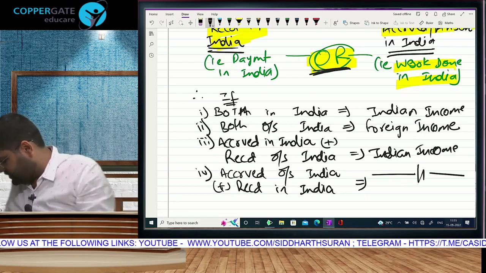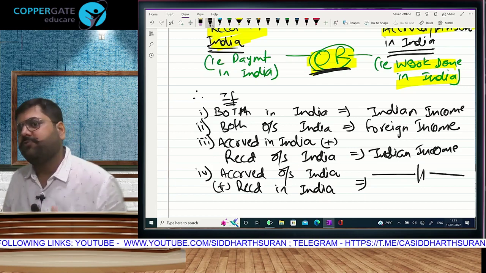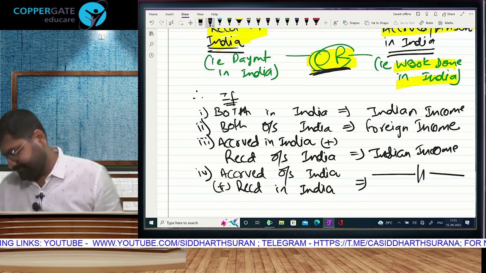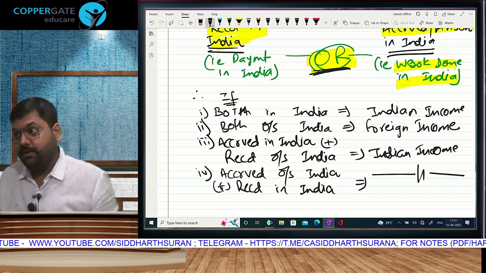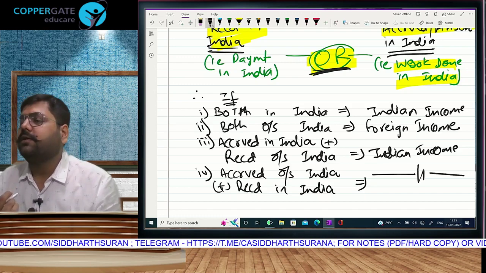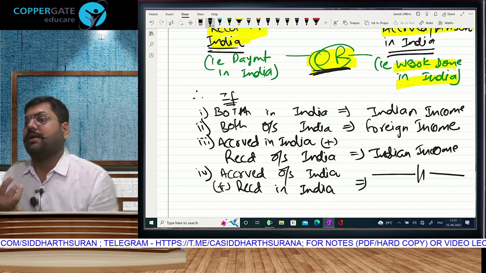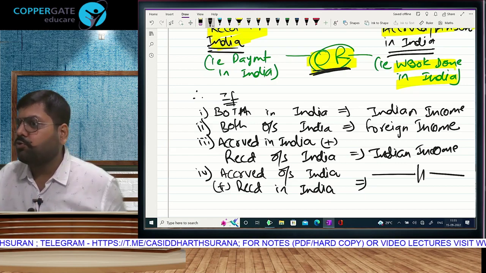So, very easy thing to learn and understand. Income earning is a process of two steps. That is, working and getting paid. Earning nahi, together it is earning. When we work, we call it income accruing, arising. Accrual ka matlab hota hai, as and when you work, the income keeps on accruing. You have heard of accrual basis?